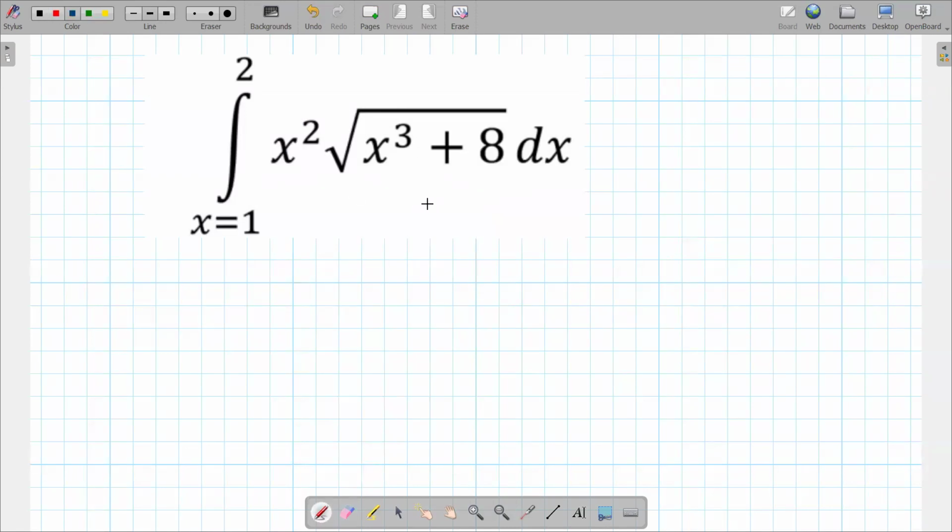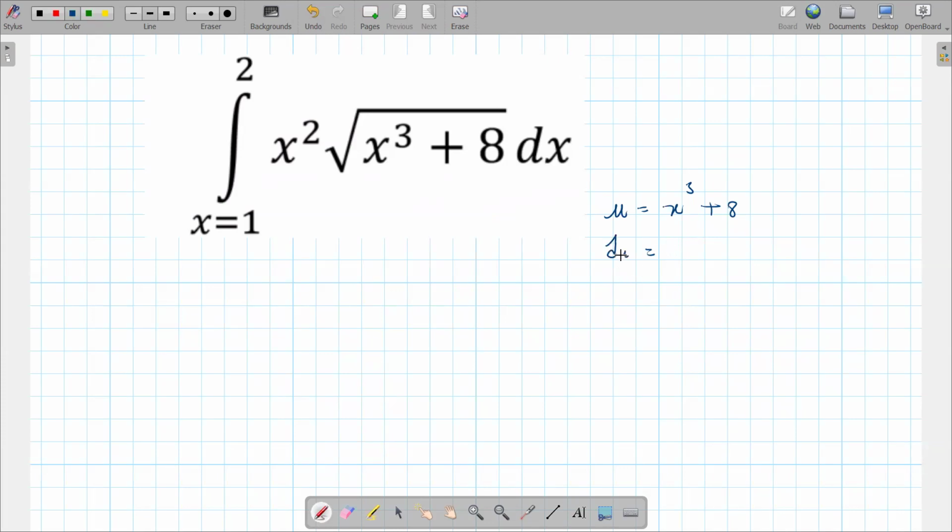Again, we have to identify that this is going to be a U substitution question, because when you just take the integral the chain rule component becomes a hassle. So we're going to say let U be x cubed plus 8. What's the derivative of U with respect to x? It's du.